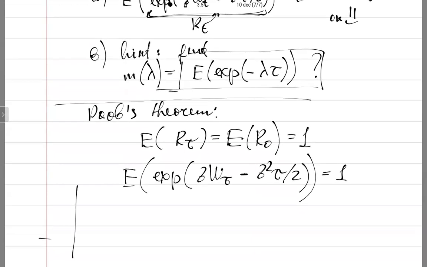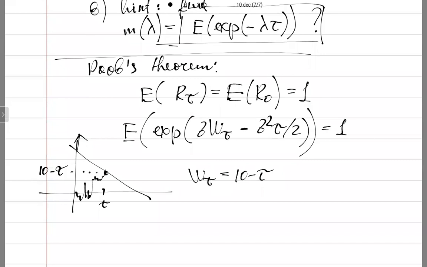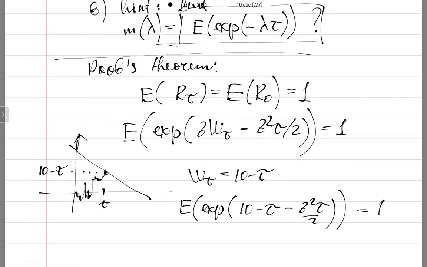What is tau? Tau is a very special moment of time. If the time is tau, then the Wiener process is at 10 minus tau, because tau is the moment when we hit the line. So W_tau is just 10 minus tau. So the exponent of 10 minus tau minus sigma squared tau over 2 is 1.